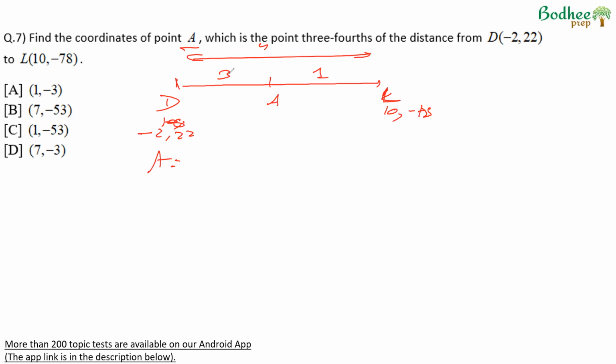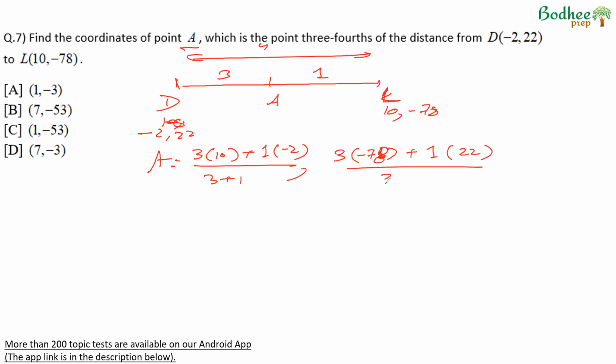So the coordinates of A will be, if the ratio is m is to n, (mx2 plus nx1) upon (m plus n). This is the x coordinate. Y coordinate will be (my2 plus ny1) upon (m plus n).